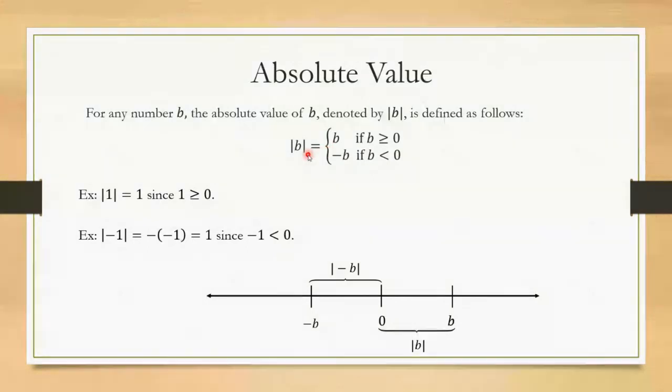So if the number that you put in the absolute value is non-negative, you get the number itself back. If the number is negative, you get negative that number. So for instance, the absolute value of 1 is just going to be 1. Why is that? Well, 1 is non-negative, so you get back the number itself.